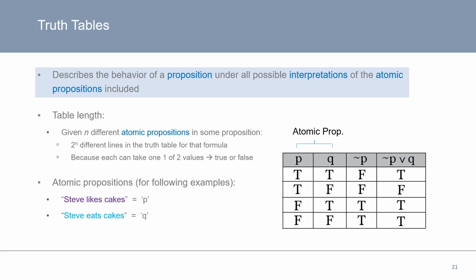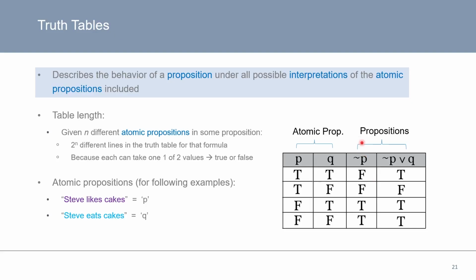Let's walk through an example. Here we have 2 atomic propositions. Steve likes cakes is represented with a P, and Steve eats cakes is represented with a Q. These 2 atomic propositions become the first 2 columns of our truth table, and our rows examine every combination of true and false that these propositions can have. As we'll explore later, we can also add other propositions to this table based on these atomic propositions in order to work out their truthfulness.